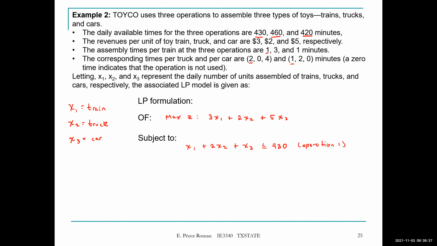And then for the second operation, we go back to the requirements 3, 0, and 2. So we have 3X1, no requirement for operation 2, and then 2 minutes for operation 3, less than or equal to 460. And this is for operation 2.